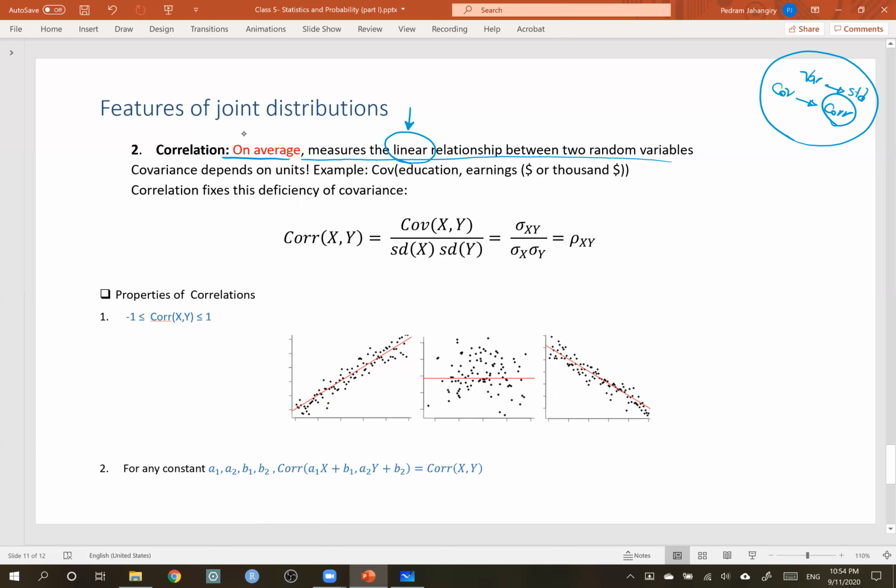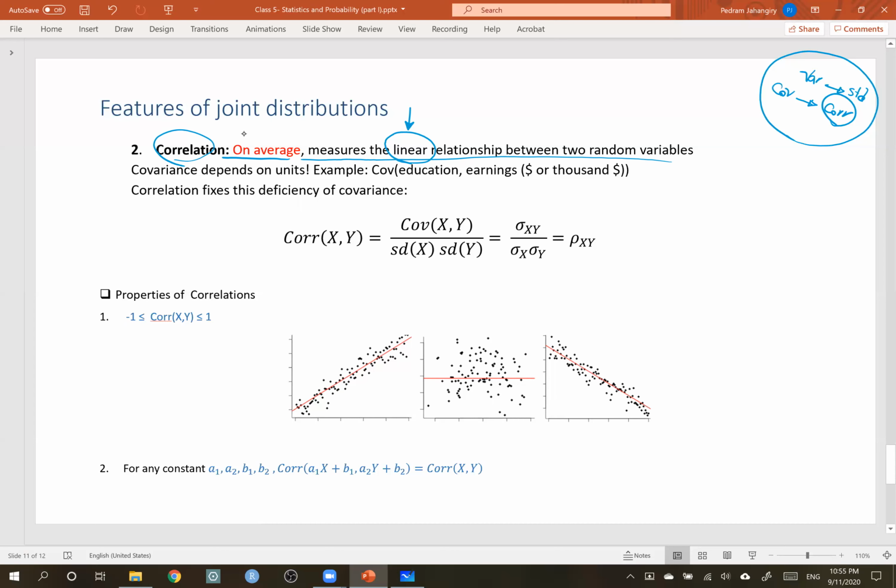And guys, remember in this course, all you're doing is looking at the linear relationship between random variables. So this is a really important observation. Whatever we do in econometrics in this course, at this level, has something to do with linear relationship between random variables, and that's correlation.